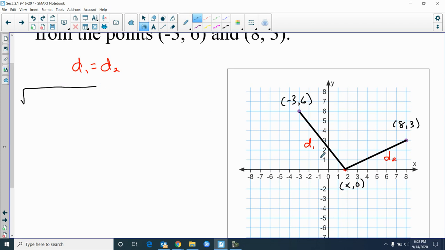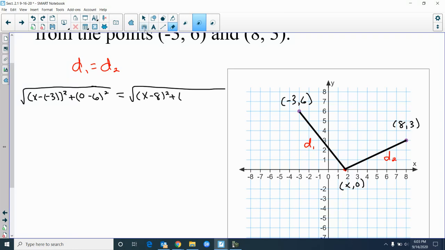So for D sub 1, I'm going to take x minus -3 quantity squared plus 0 minus 6 quantity squared. So that's D1. That has to equal D2, which I'm going to use as x minus 8 quantity squared plus, no, 0 minus 3 quantity squared.